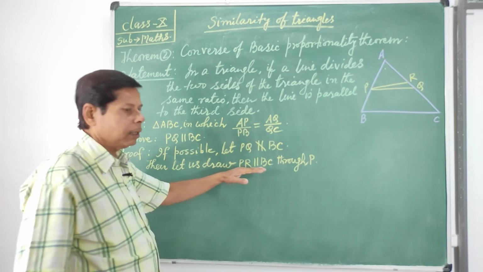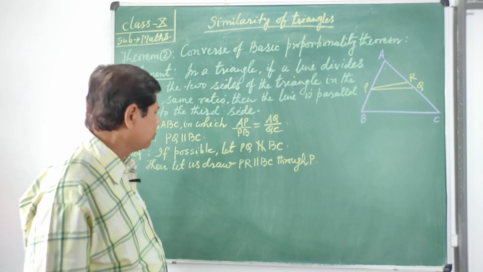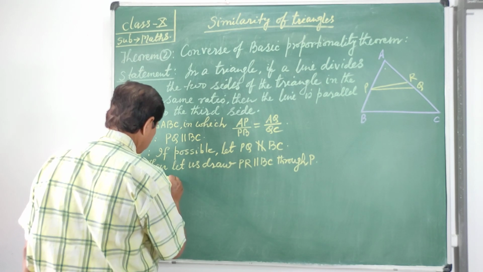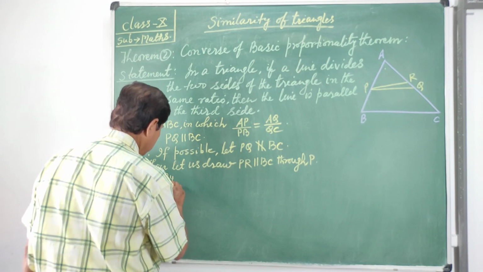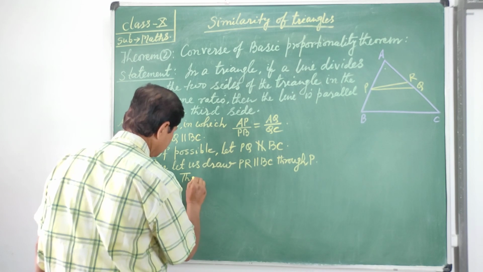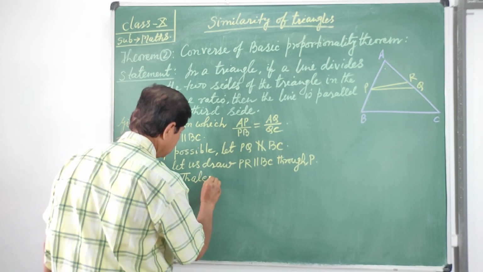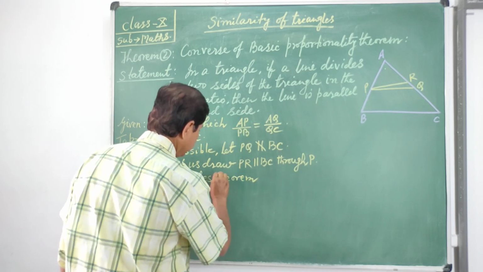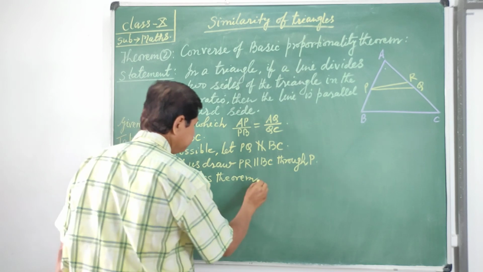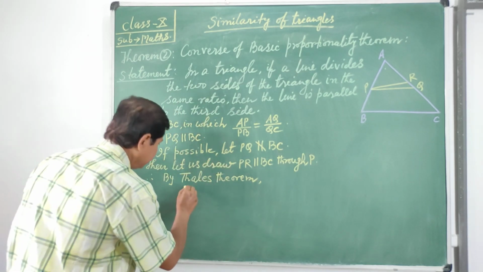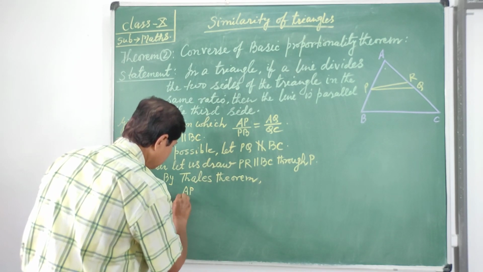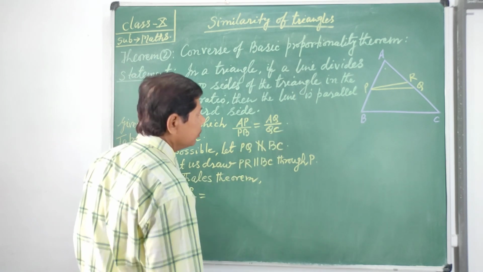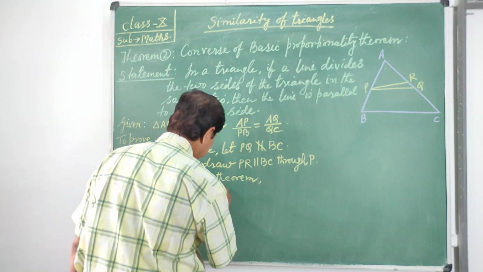Now, as PR is parallel to BC, by the basic proportionality theorem we can write AP by PB equal to AR by RC.